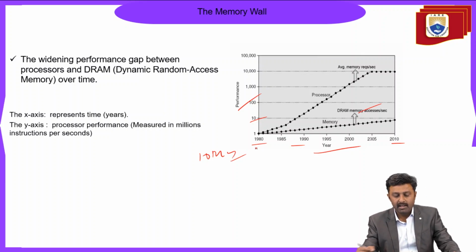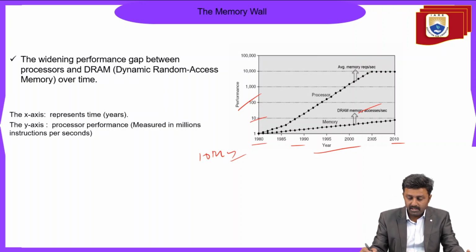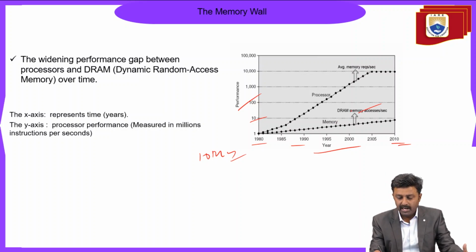As you see from the graph, from 1980 to 2003, a widening performance gap is observed between the processor and the DRAM.